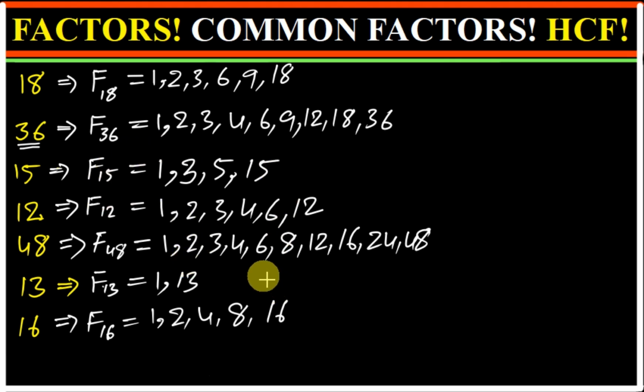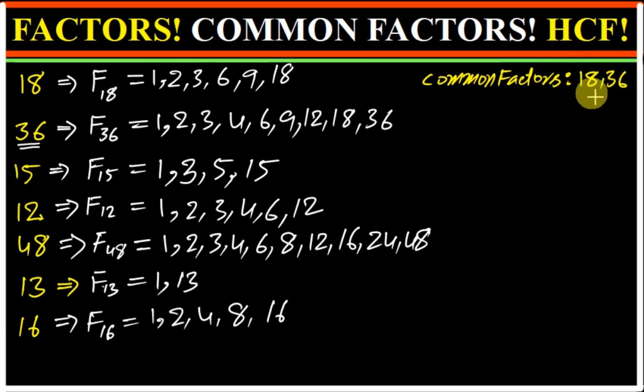Okay, next we'll see the common factors. Let's see what is meant by a common factor. It's very simple. If you want to find the common factors of any two numbers, let's take 18 and 36.